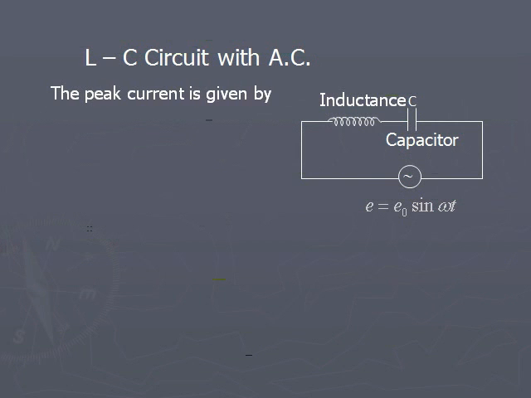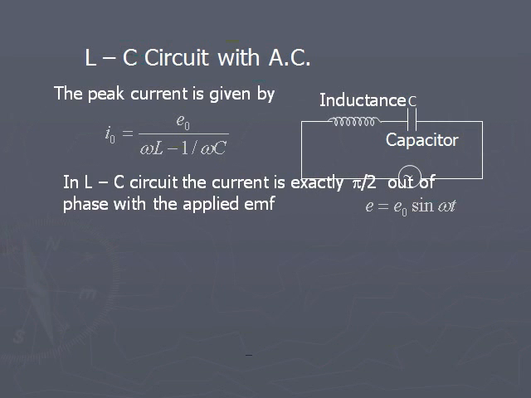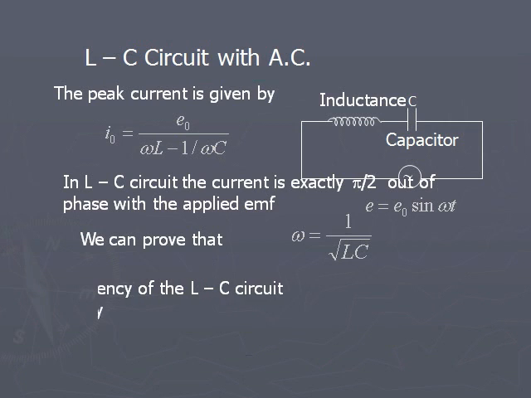In an LC circuit, the current is exactly pi by 2 out of phase with the applied EMF. The phase difference between EMF and current is pi by 2, and current lags behind the EMF by pi by 2. We can prove that omega = 1 by square root of LC, where L is the coefficient of inductance and C is capacitance.